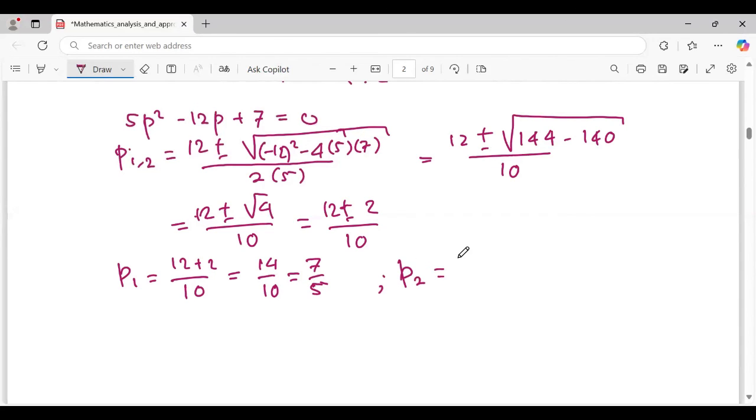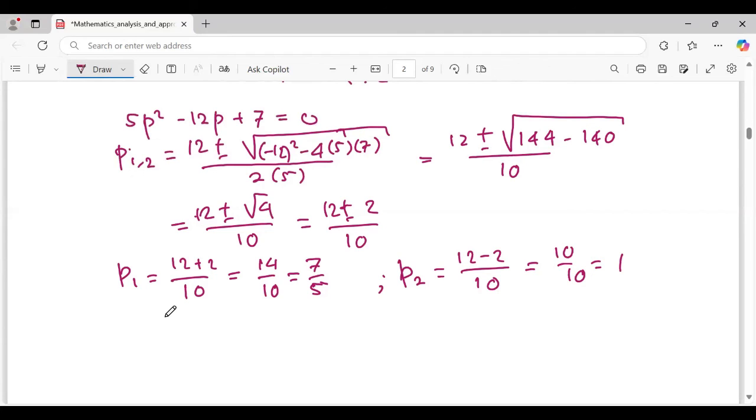P2 equals 12 minus 2 over 10, which equals 10 over 10, 1. So 1 and 7 over 5.